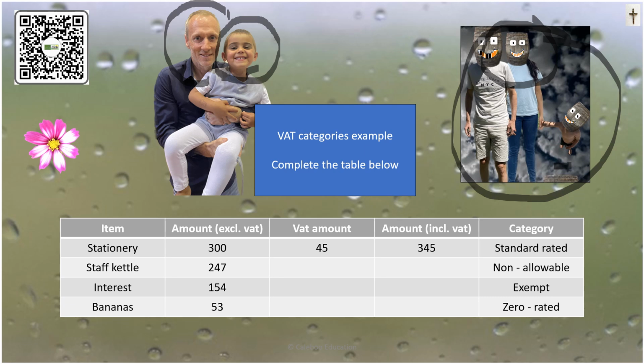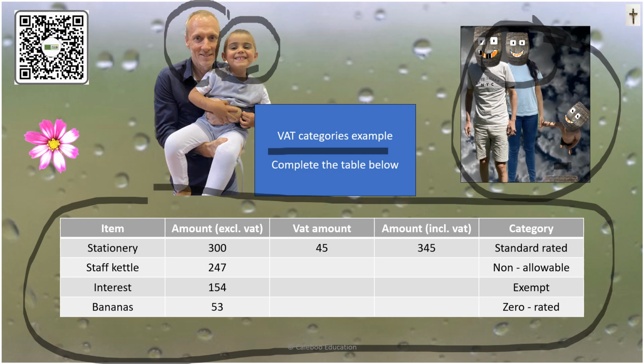I have decided to show you this table again. It was in the last video, but I want to include it in calculations, specifically to show you that in 3 VAT categories, there is no VAT.